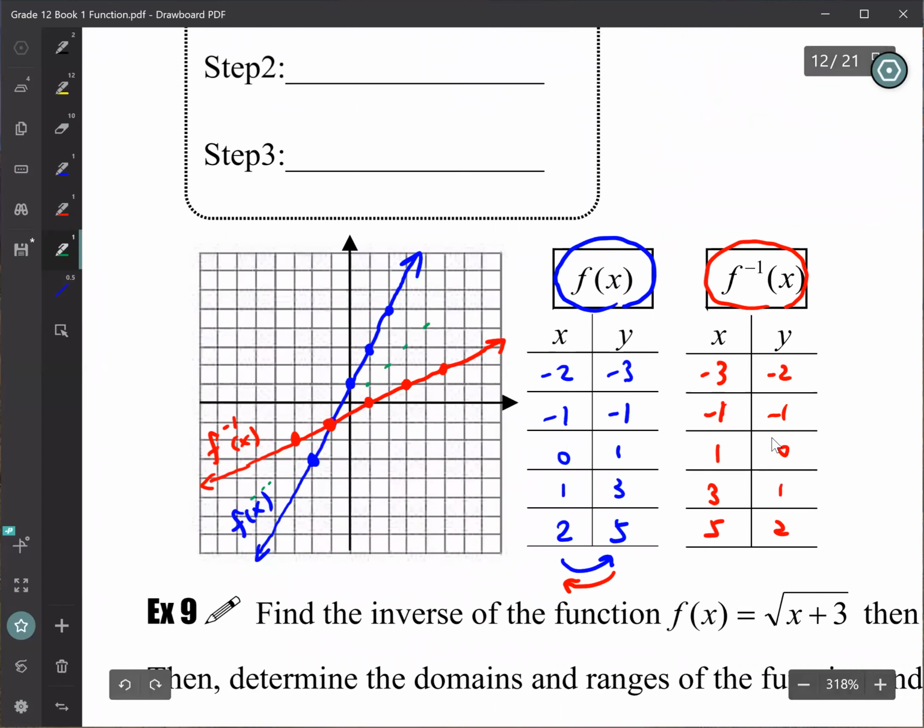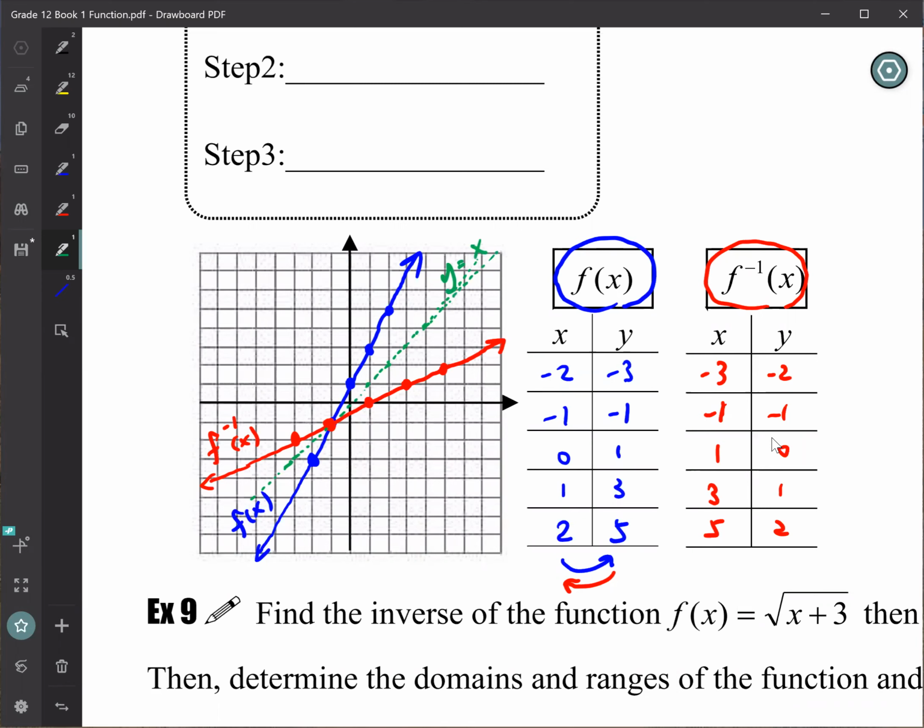So you see this line goes right in the middle between the two. This line is y equals x, so this is called the reflection line.